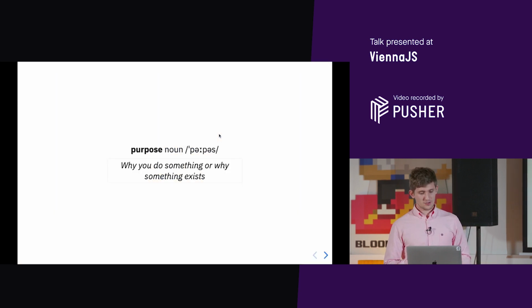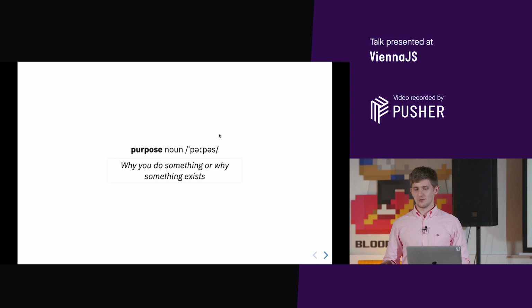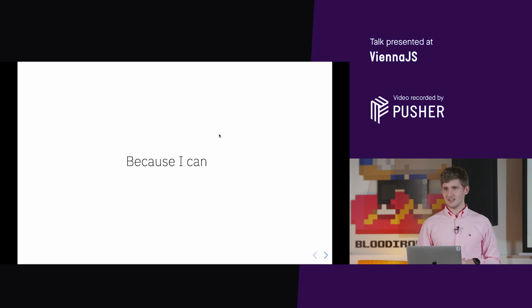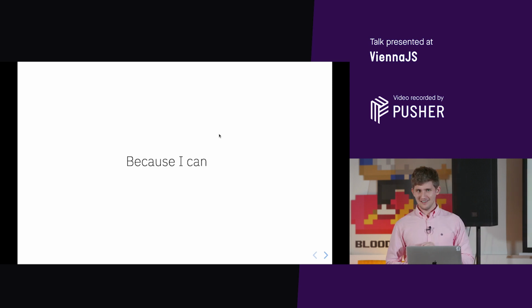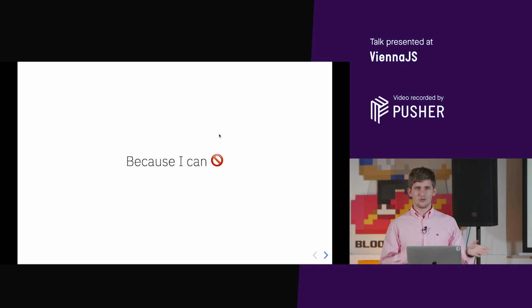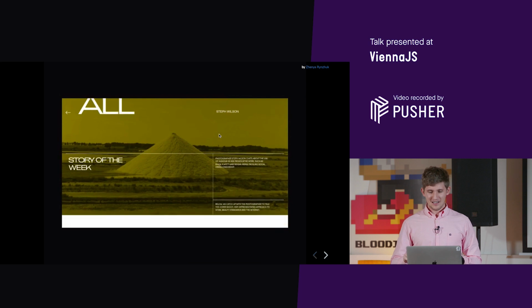All right, so the first thing is purpose. And purpose, if you check the word itself, is actually a question: why do I do something? Why does this thing exist? And if the answer to this question is because I can, like if you've created an animation just because you fell in love with the technology, or you just learned some new cool thing and you're like, all right, I'm going to throw it in and use it everywhere.